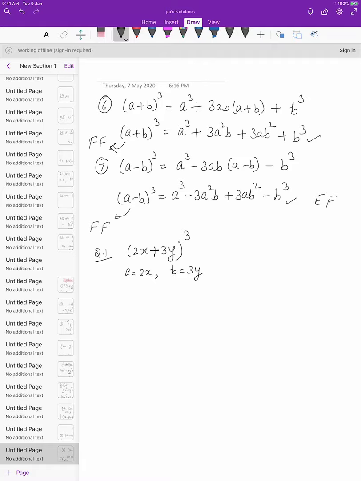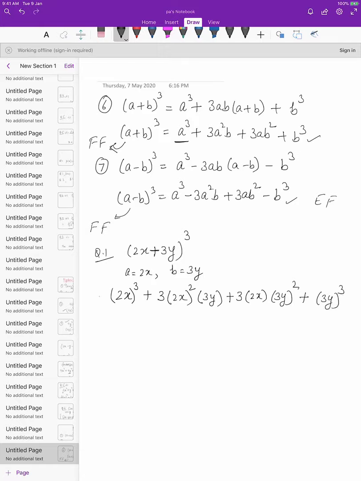Now using the identity, what is the first term in the identity (a plus b) whole cube? It is a cube. So what should I write? Should I write 2x cube? I hope you understand this is a wrong step. What should I write? (2x) whole cube plus 3 a square, you should always put them in bracket, a square into b, which is 3y, plus 3 into a into b square plus b cube, that is (3y) cube.